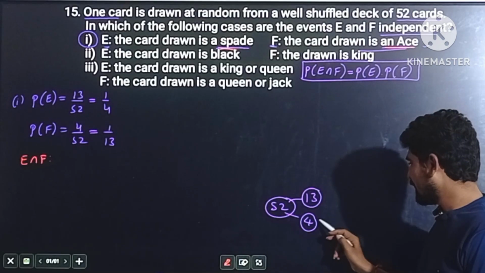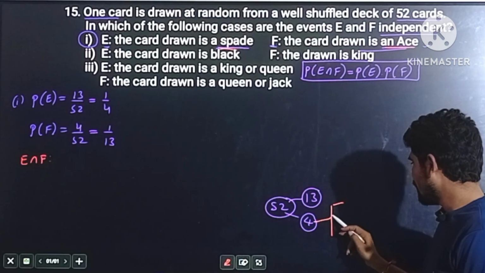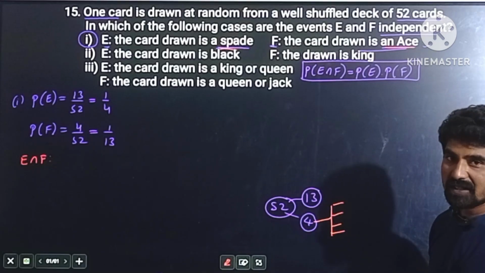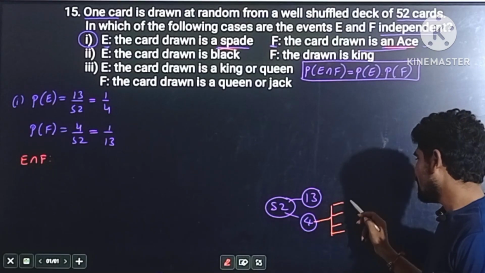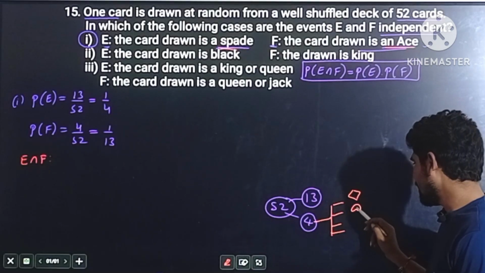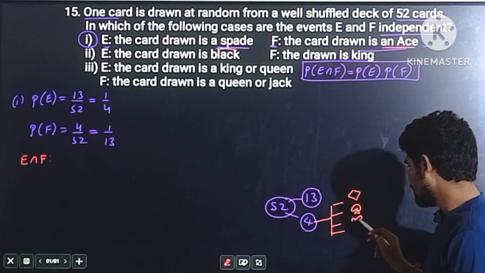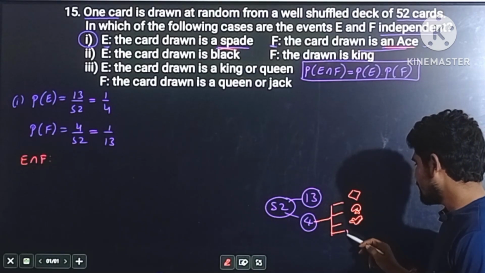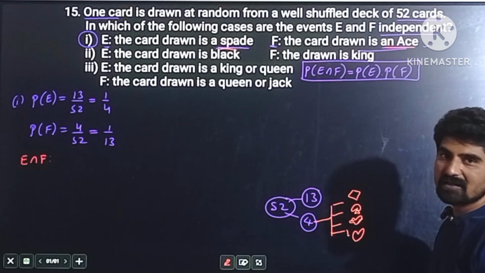These 4 ace cards are all of different suits: one ace is of diamond, another of spade, a third of club, and the last of heart.